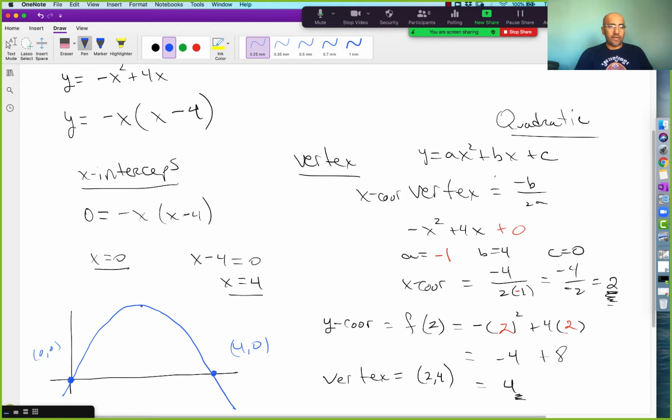And it's got a vertex up here at the point (2, 4). Okay, so that's everything we ever wanted to know about the first function, y equals negative x squared plus 4x. So we got all the important pieces of information.